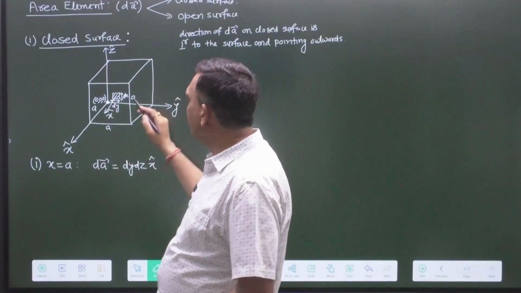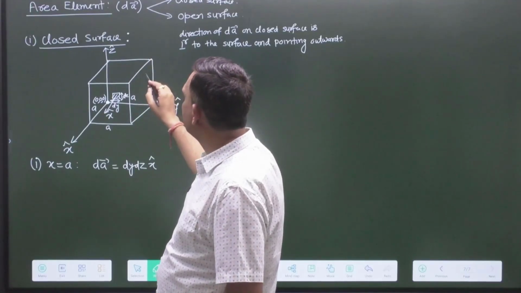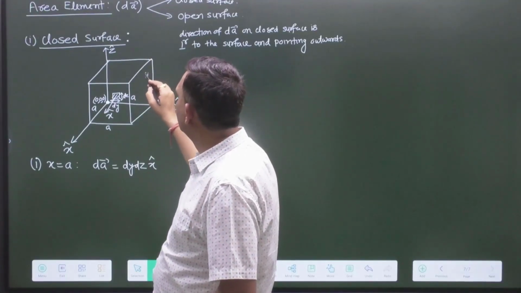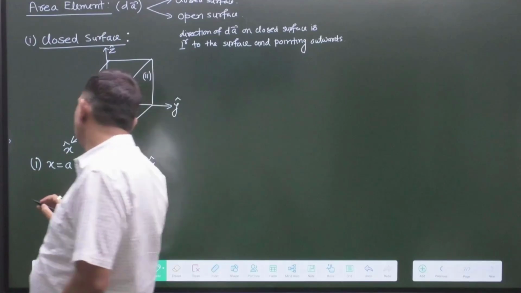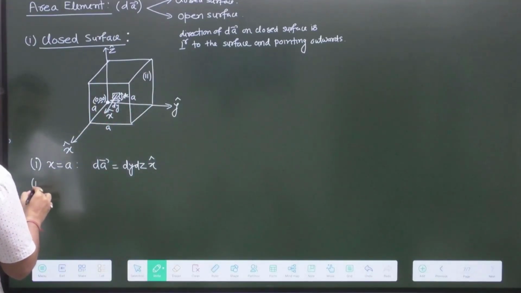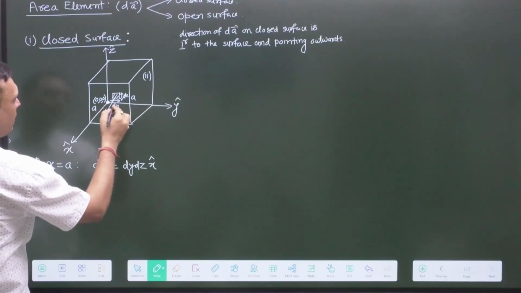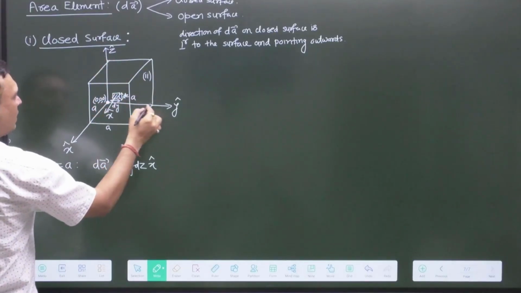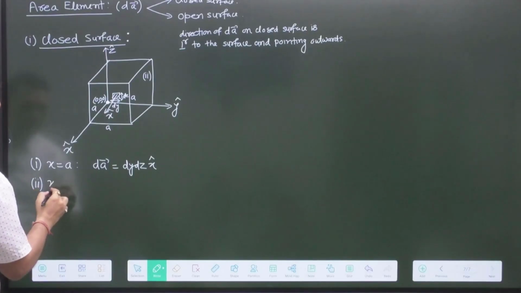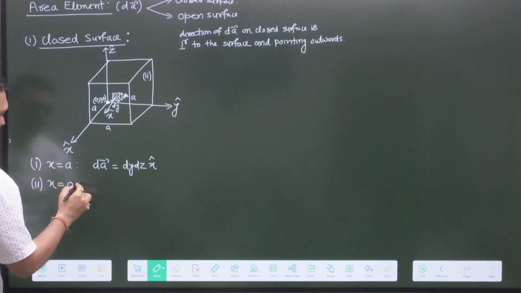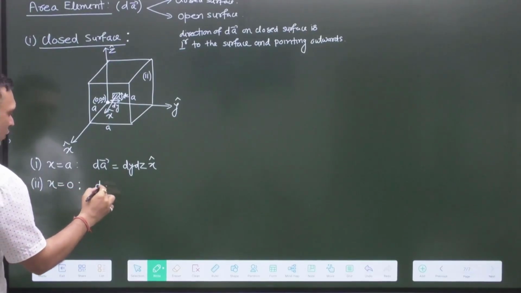Surface 1. Now opposite to this, you have surface 2. So what will be fixed for surface 2? Yes, it's x equal to 0 because this is the origin. So this plane is at x equal to 0. And what will be dA over it?